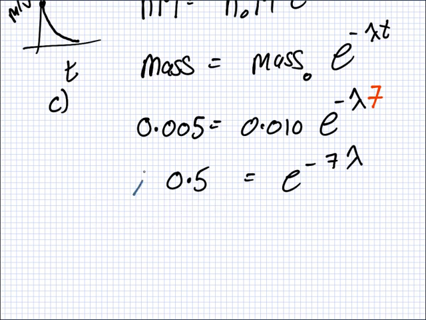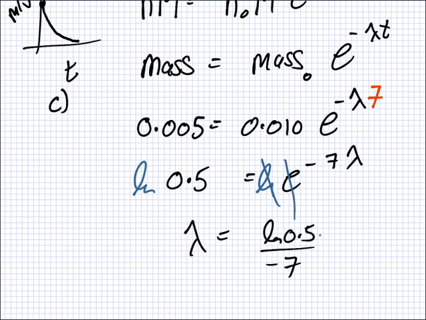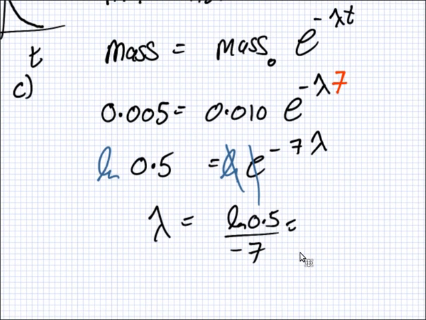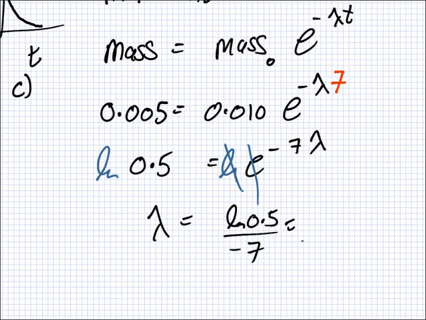You know the story. Log, log, cancel, cancel. So you get lambda is log 0.5 over minus 7, which equals 0.099. Okay, what's the unit?